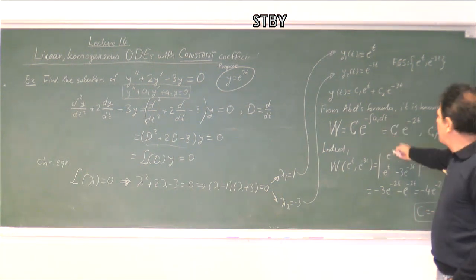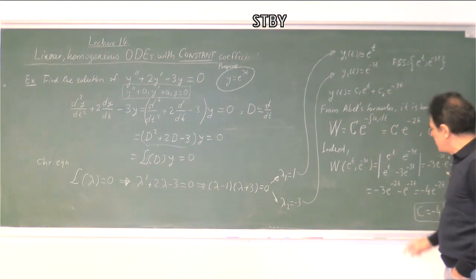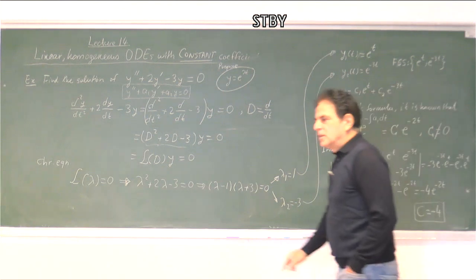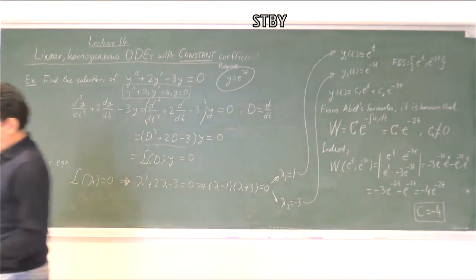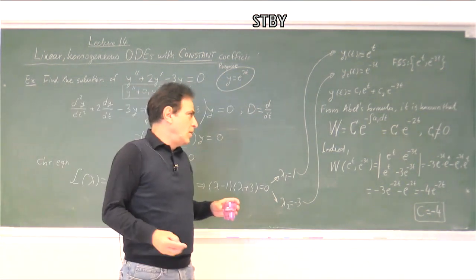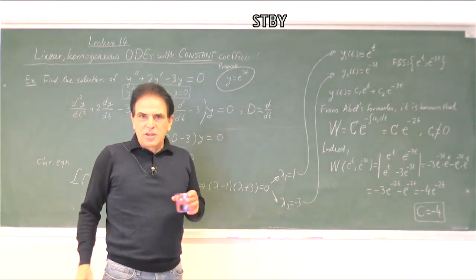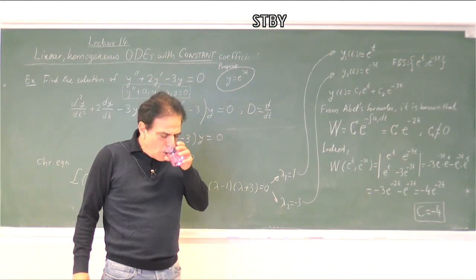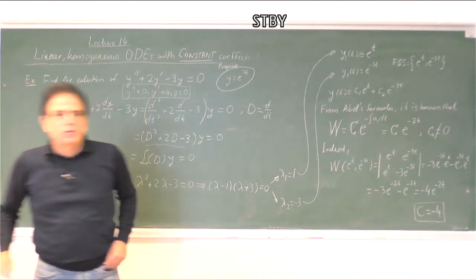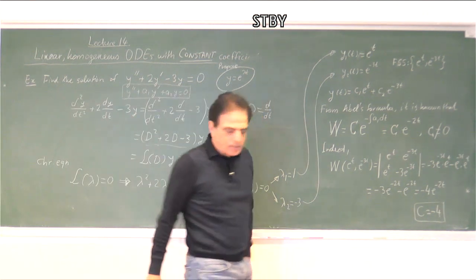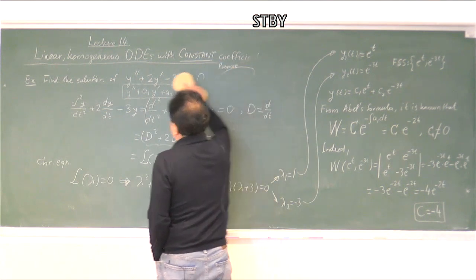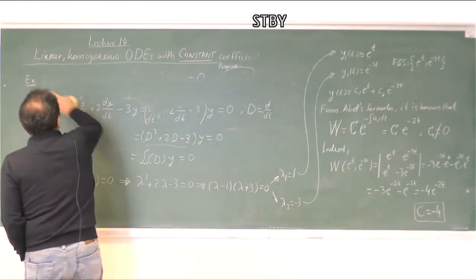So comparing with Abel's formula, we see that for these two linearly independent solutions, the constant C in Abel's formula is minus 4. And since it is non-zero, it says that the two solutions under consideration are indeed linearly independent. Okay. Here is another example.